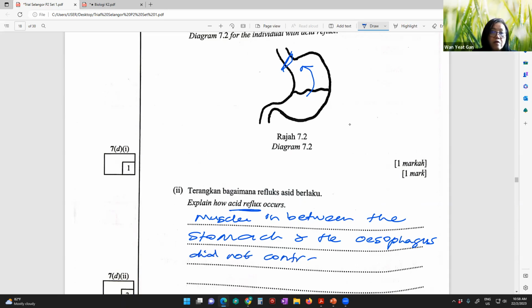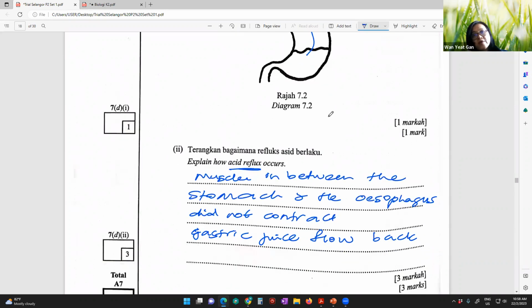So as a result, your acidic juice, your gastric juice, will flow back into the esophagus.